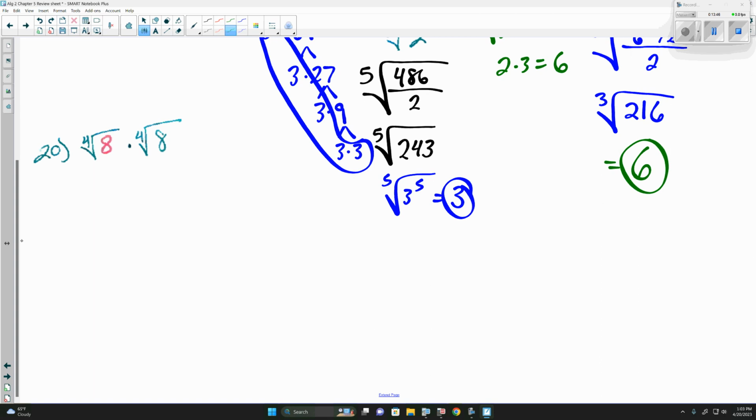Now, if we do this with the last one, the fourth root of 8 times the fourth root of 8 does not give us a nice number. Part of the reason I know that is, well, I wrote the problem, so that helps. 8 is 2 to the third. So for both of them, we have 2 to the third and 2 to the third. Now, since they both have the fourth root, we can write it as one radical.